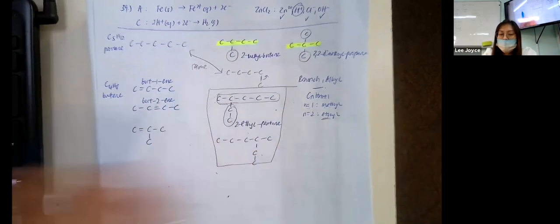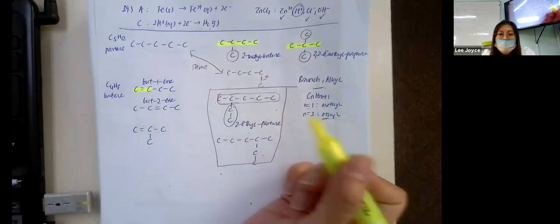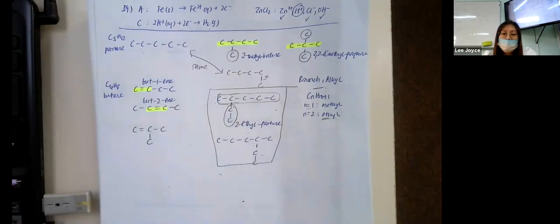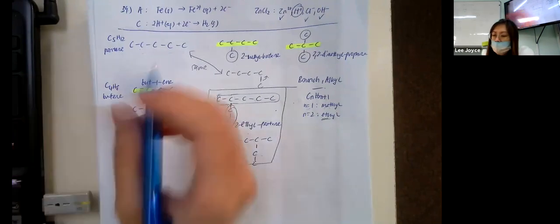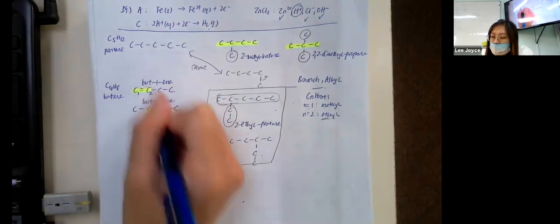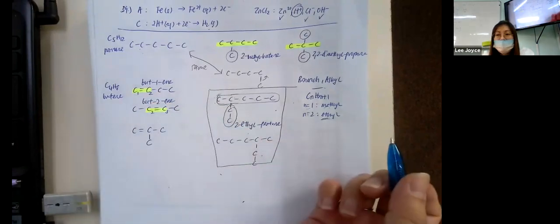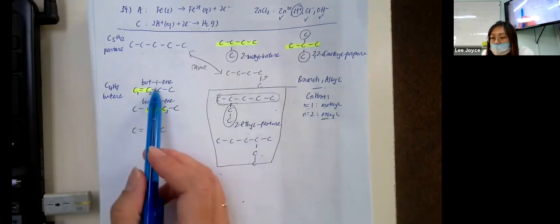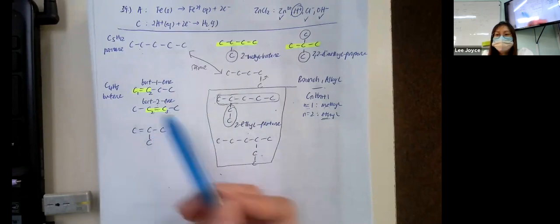It's because of the position of the C=C double bond. For the first molecule, the C=C double bond is on the first and the second carbon, whereas for the second one, the C=C double bond is on the second and the third carbon. So 1, 2, 2, 3. Understand? So always name with the lower number. So we don't call this but-2-ene and this one but-3-ene. Okay, we follow the lowest number first.